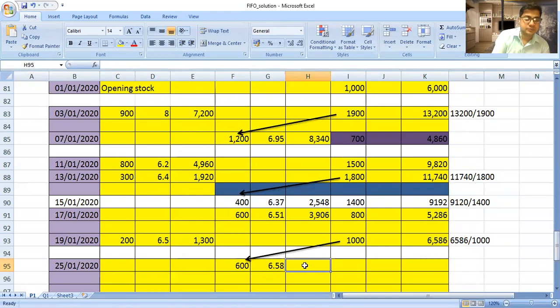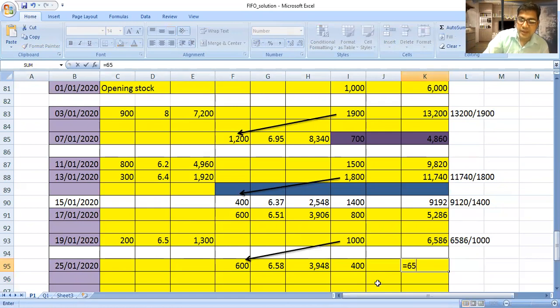Now multiply this, 600 into 6.58. The value will be 3948. Now from this 600 units were sold. The remaining balance is 1000 minus 600 units, so the remaining balance is 400 units. How will we calculate the value in rupees?